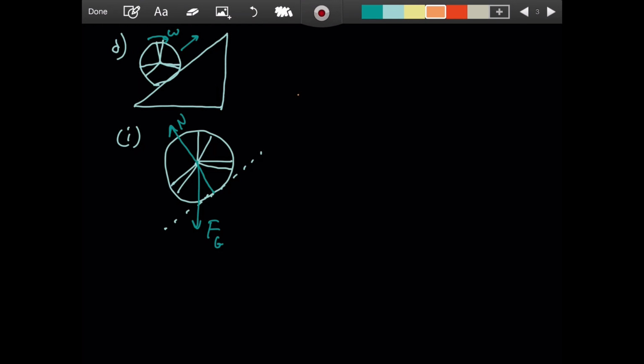And a point here would be tending to go this direction. I know that at the contact point between the surface and the hoop the velocity is 0 because there is no slipping. But just to the right of the point would be trying to go to the left. So the tendency of motion is down the incline. That's why the opposing force, the friction force, should be up the incline. Okay, that's the force of friction.